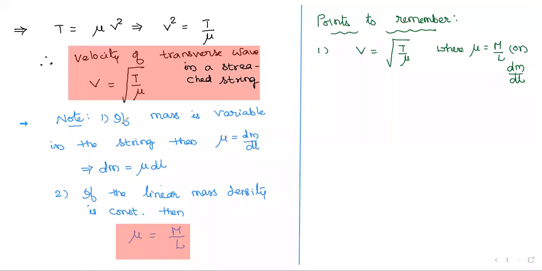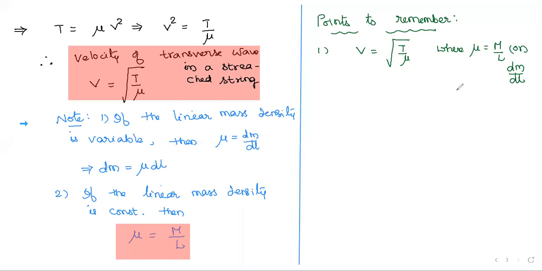Here also I write, if the linear mass density is variable, then I write dm by dl. These are the two equations.